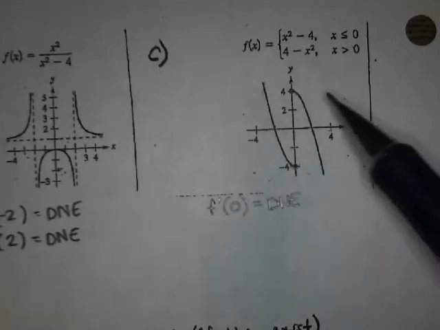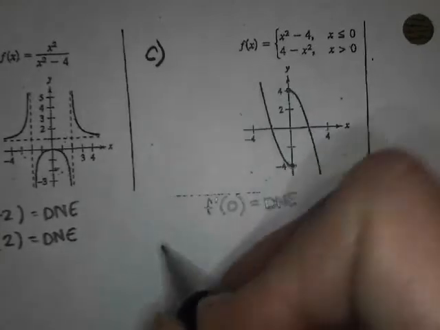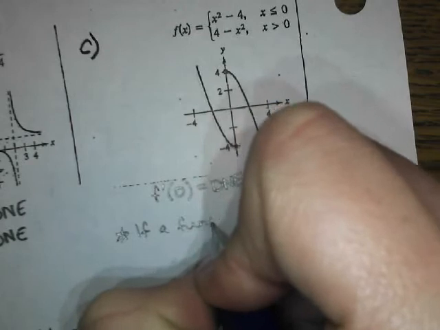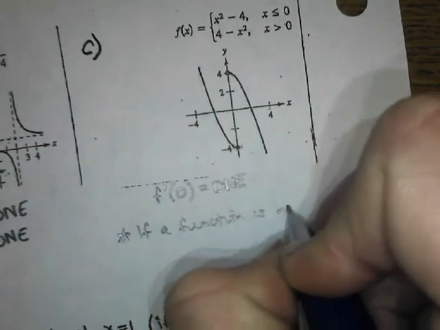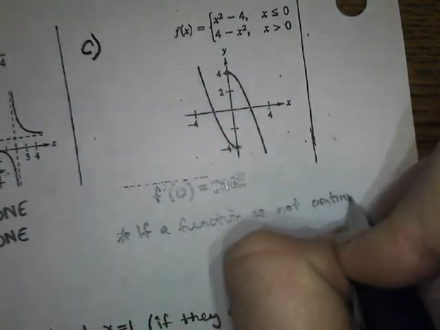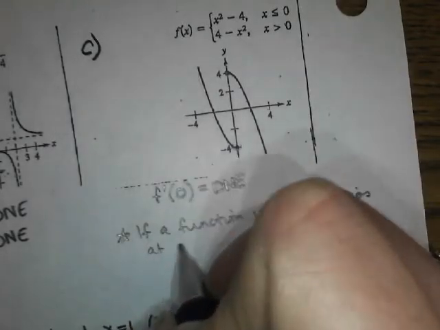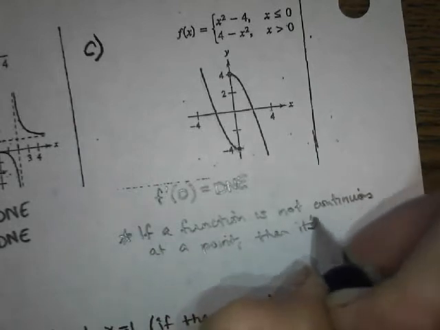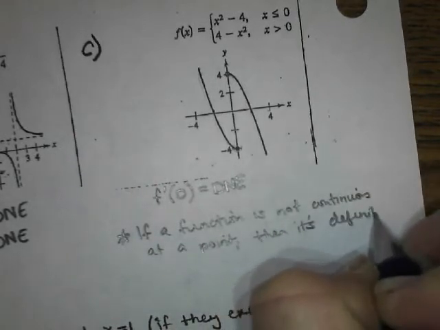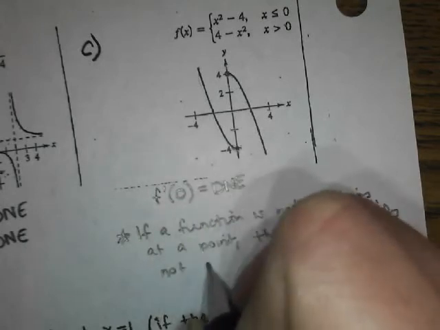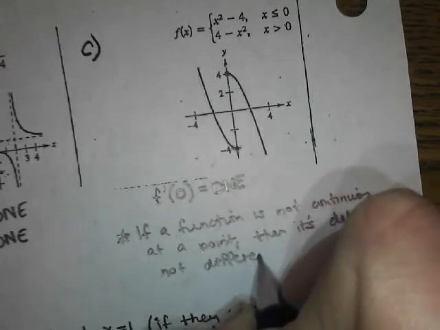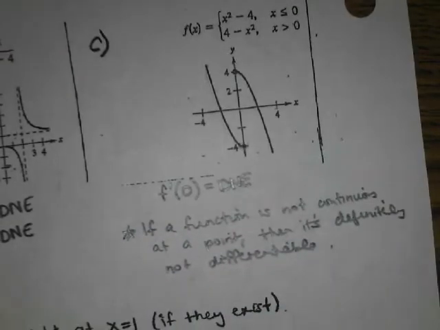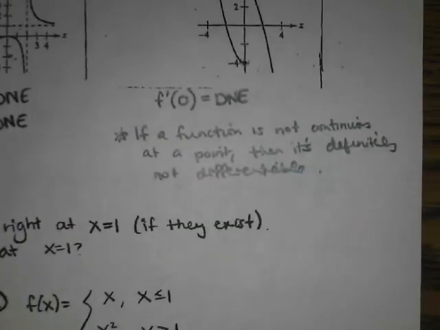So one key thing is, if a function is not continuous at a point, then it's definitely not differentiable. So if it's not continuous, definitely not differentiable.